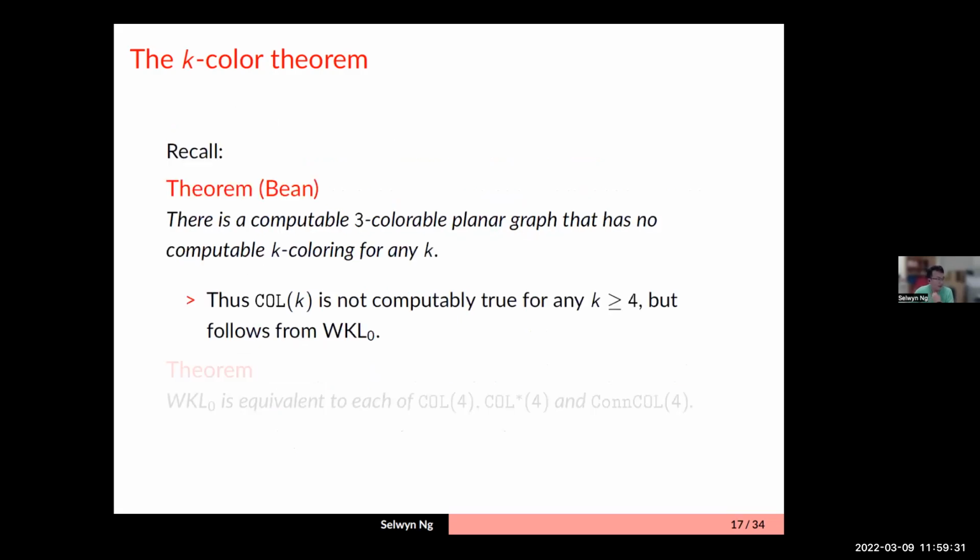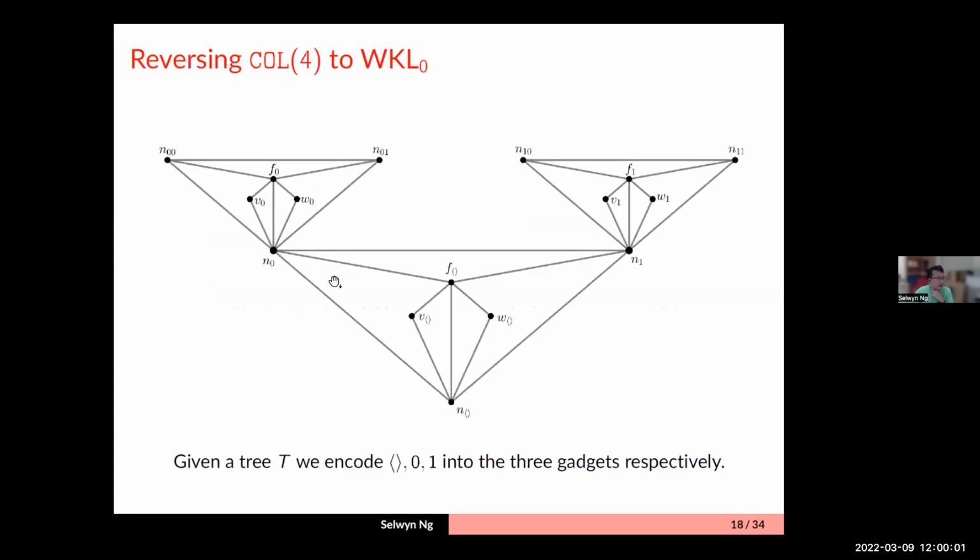Recall the theorem of Bean from before, and that actually immediately tells us that the K color theorem is not computably true for any K, no matter how many colors you use. And it's not hard to show that the four-color theorem is in fact equivalent to Weak König's Lemma. Here is a quick diagram to illustrate this.